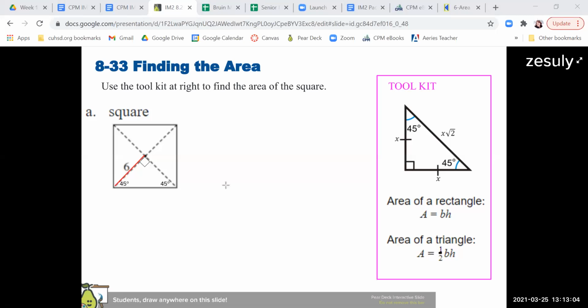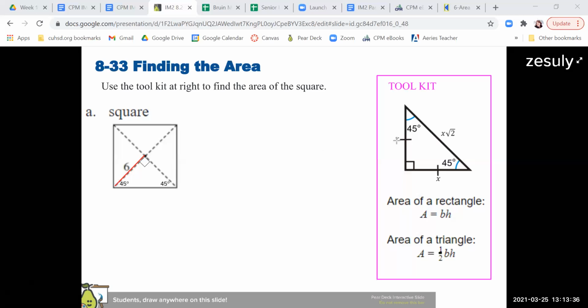So there's more than one approach to figuring out the area of this square. One way would be to go the traditional route and figure out the length of the side and then use the area of the rectangle formula. And you could absolutely do that. You could use this special right triangle, recognize that this length 6 is one of the legs of an isosceles right triangle.